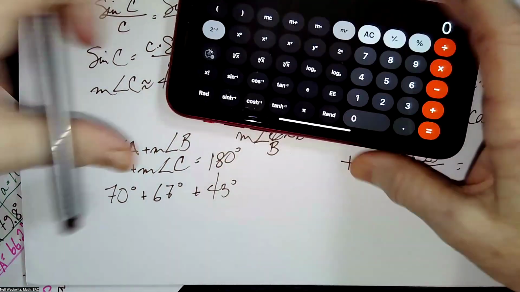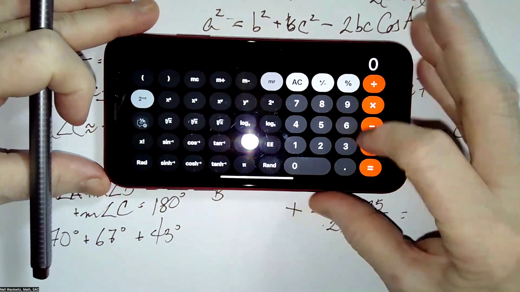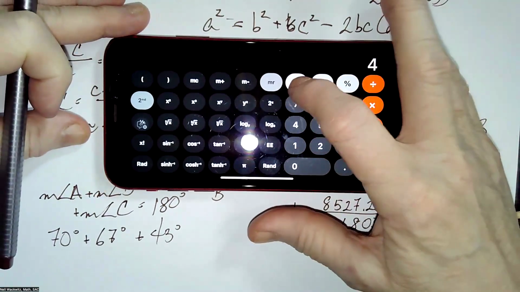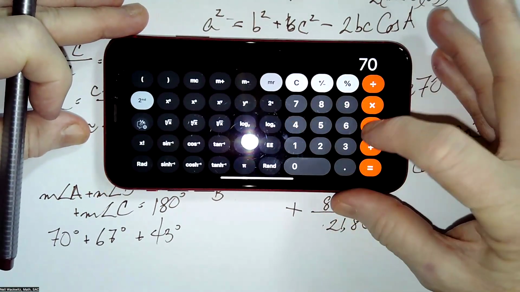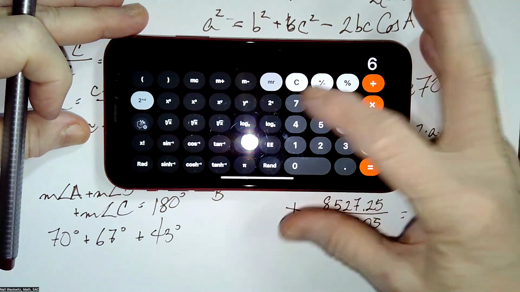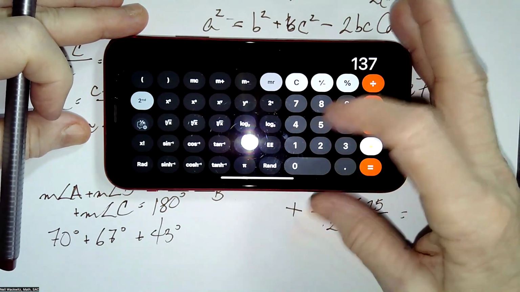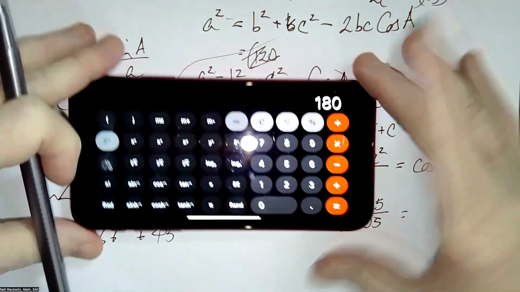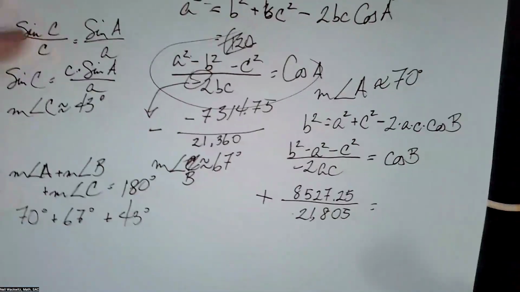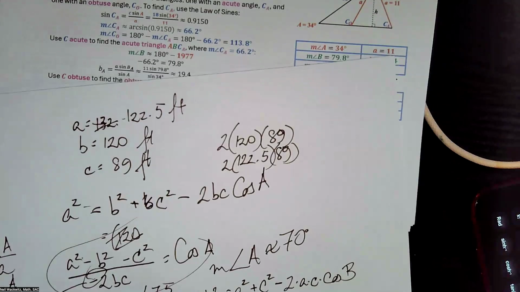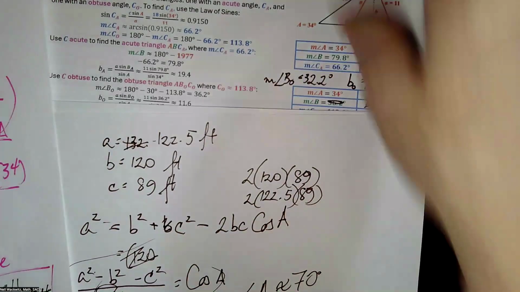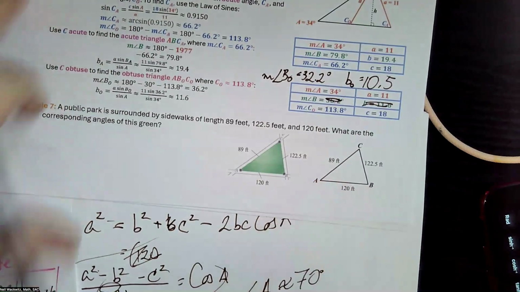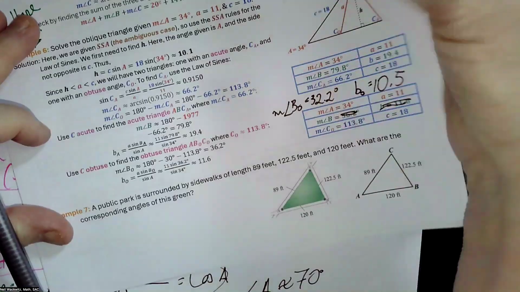Already that it's going to work, but let's go ahead and just add. We have 70, 67 plus 43, 180. Yay! So then now you can go to the city planners and say, I have an idea to make this easy. And you can do some trig on them there.